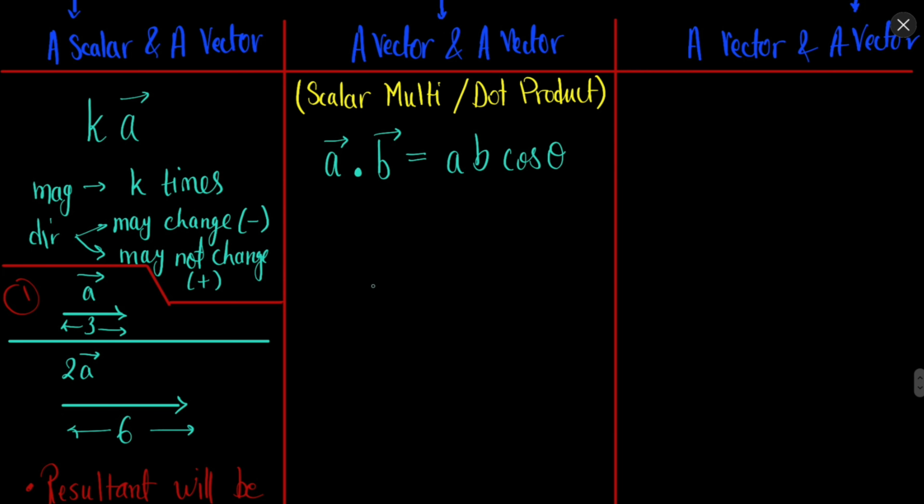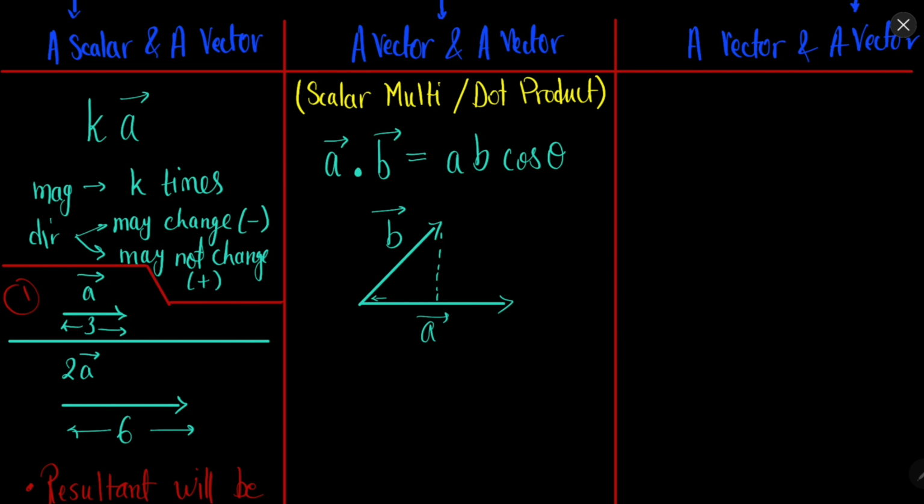Let's say we have this vector a like this, and the vector b is like this. So what does the dot product tell us? The dot product tells us the projection of one vector in the direction of the other vector. For example, what is the projection of vector b in the direction of vector a?